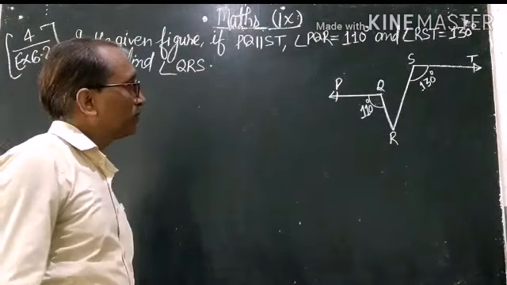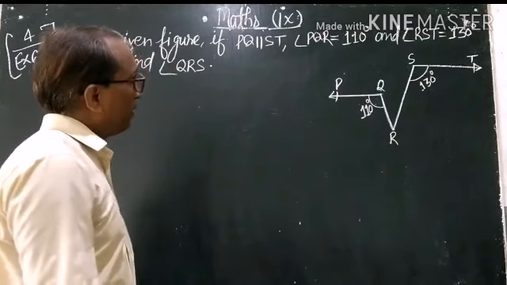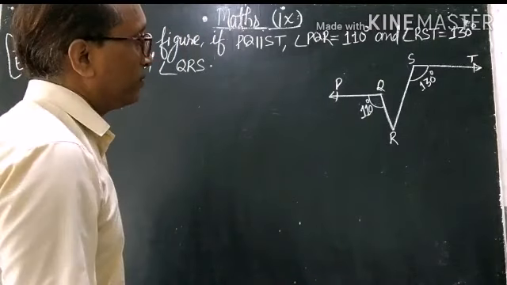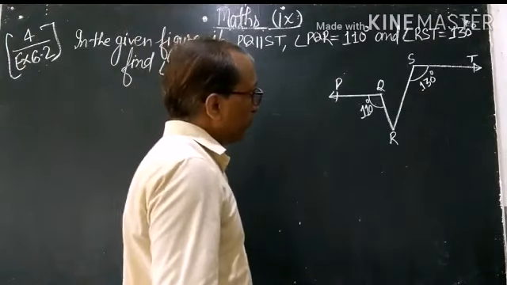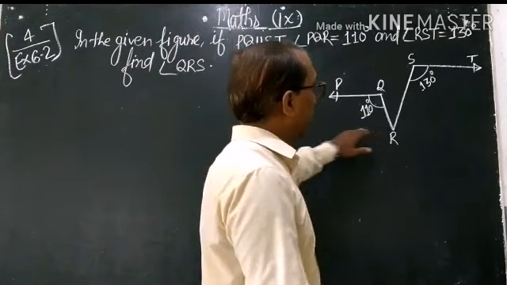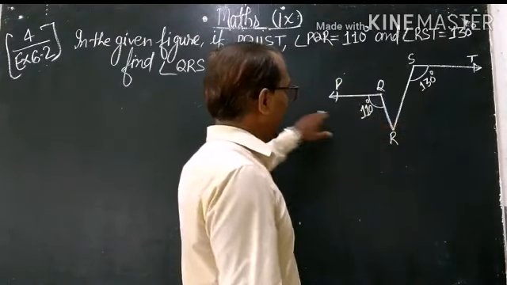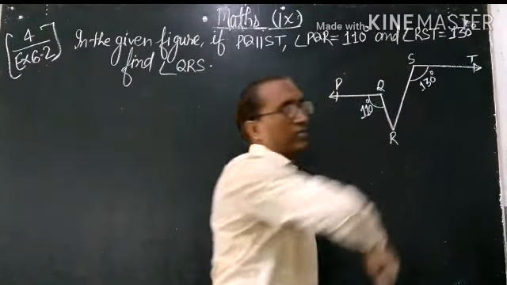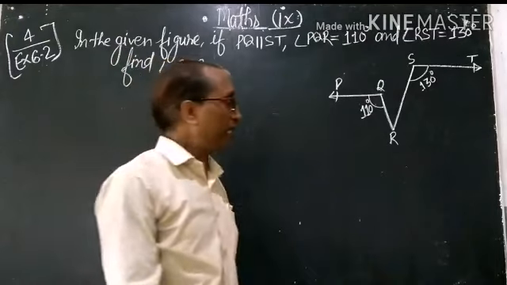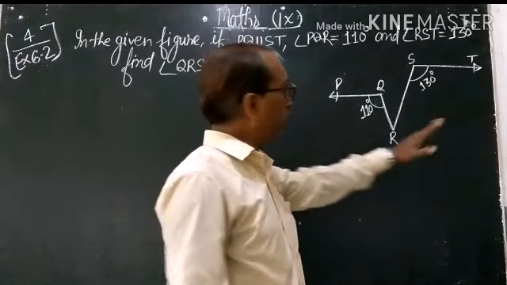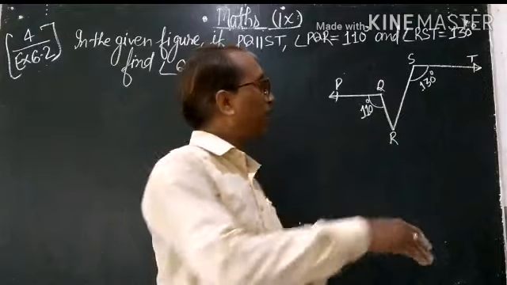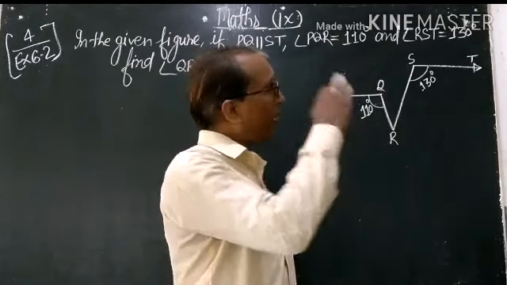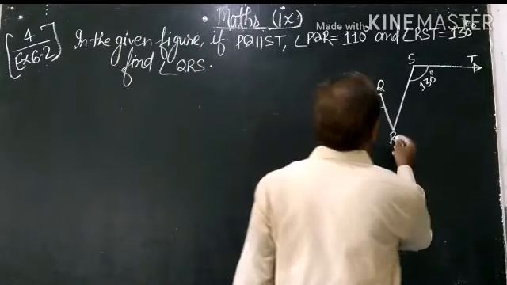For this calculation, first of all you draw a parallel line through R parallel to ST and PQ both, because PQ and ST are parallel to each other. If you draw any parallel line to any of the lines like PQ or ST, then that line will be parallel to PQ and ST both, like this.